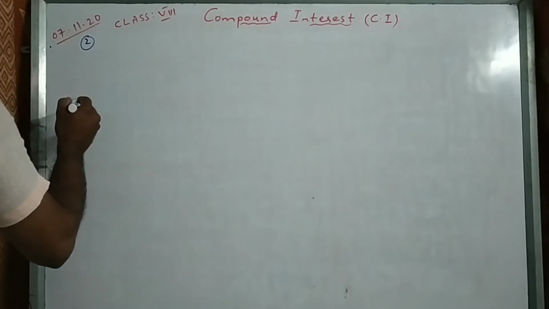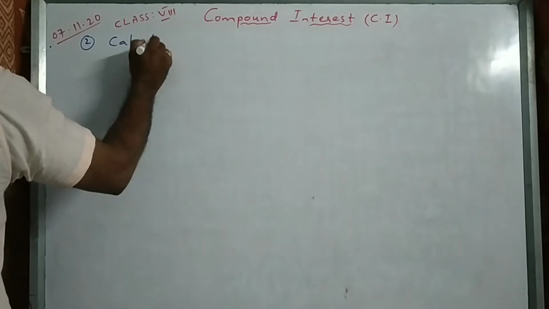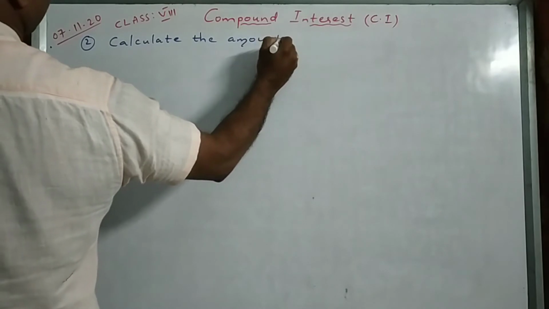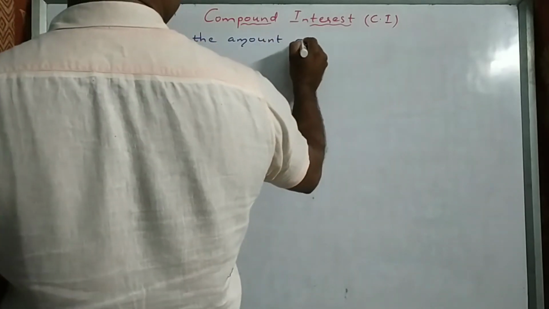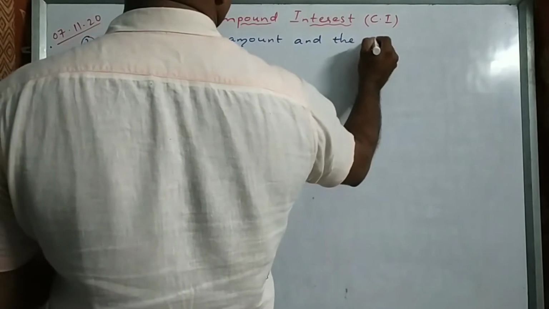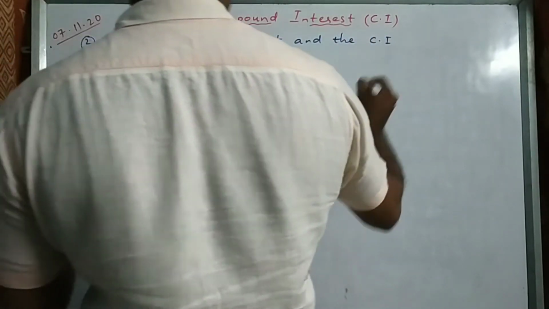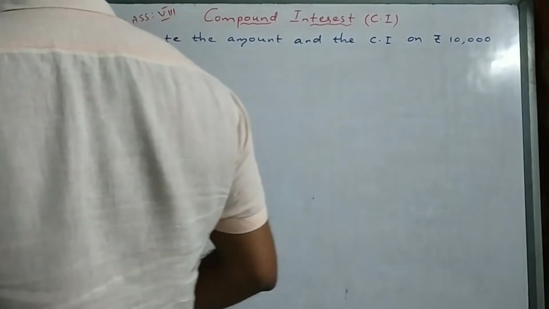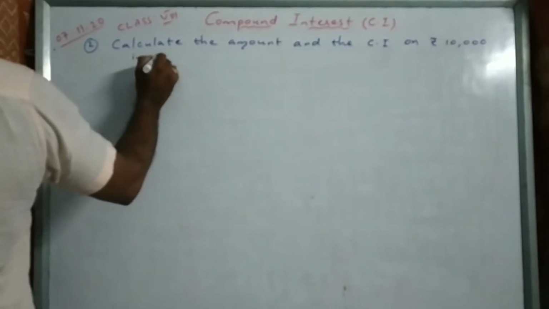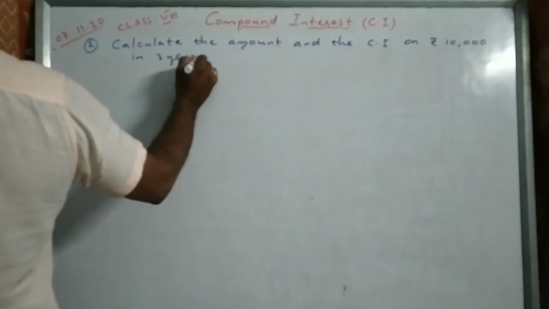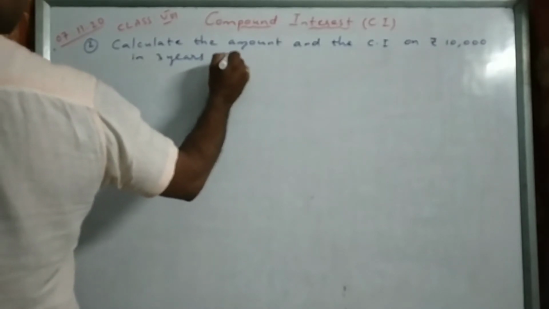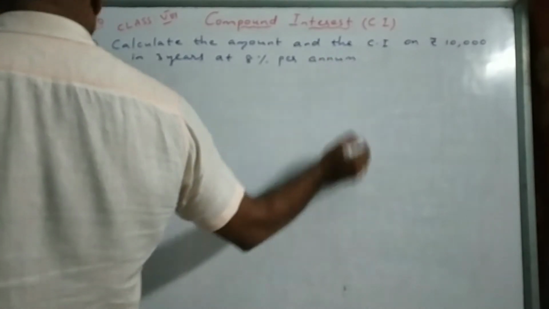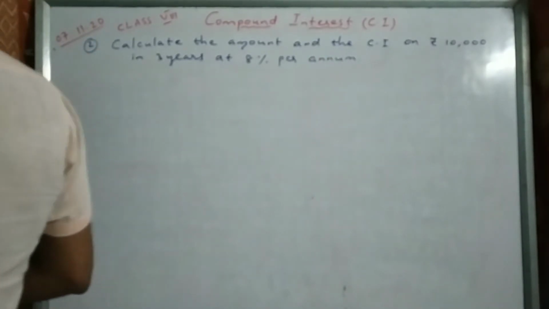Second question. Calculate the amount and the compound interest on rupees 10,000 in 3 years at 8% per annum.